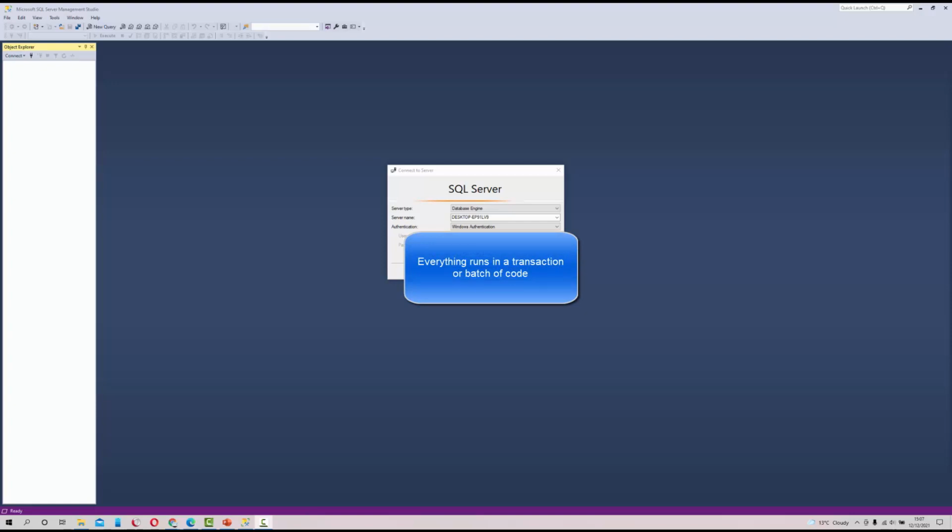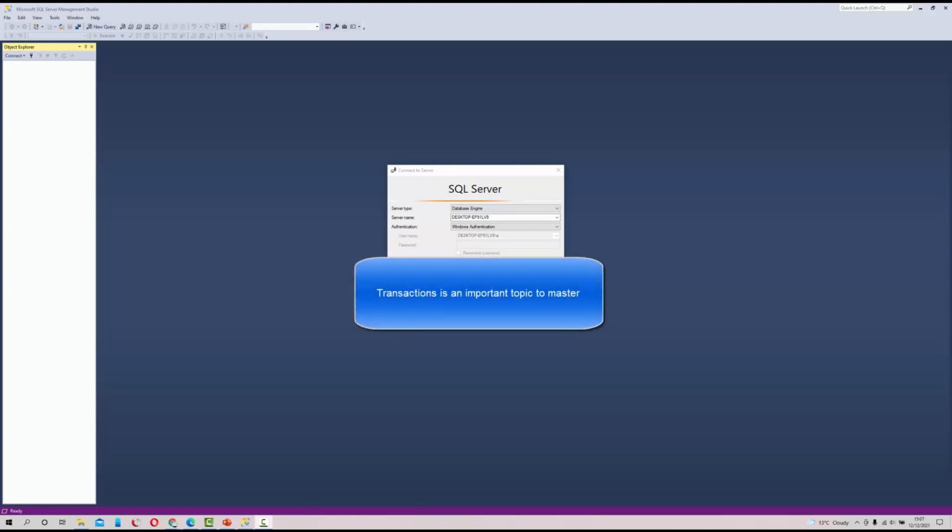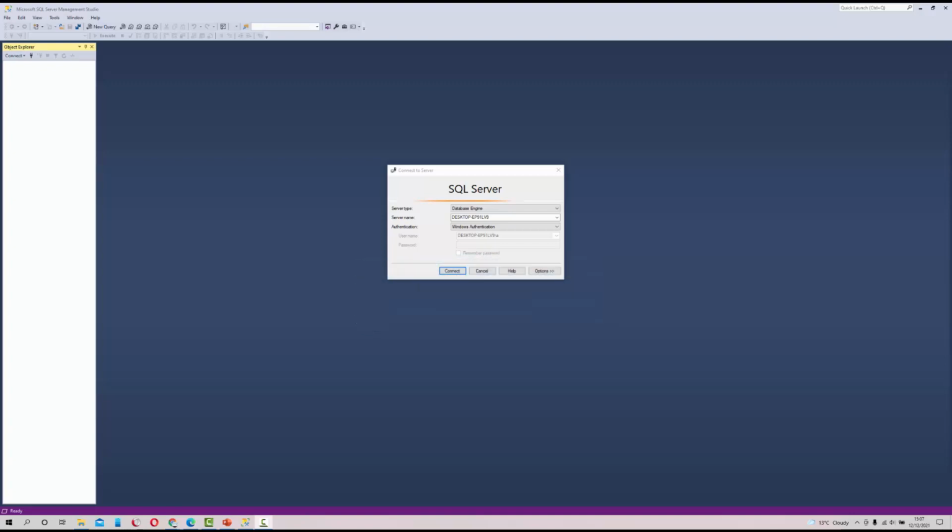So you could submit a piece of code, and that code will run under a transaction, as it's known. We'll touch on transactions later on, but all you need to know is that's what it stands for, Transact SQL. And this is Microsoft's implementation of the SQL query language for SQL Server.